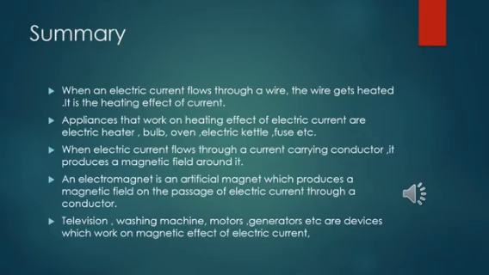An electromagnet is an artificial magnet which produces a magnetic field on the passage of electric current through a conductor. Television, washing machine, motors, generators, etc. are devices which work on magnetic effect of electric current.